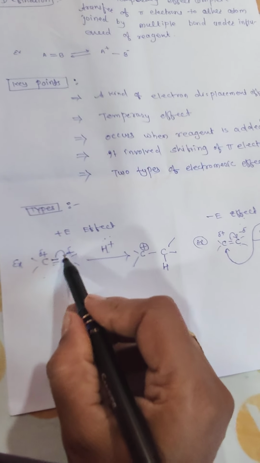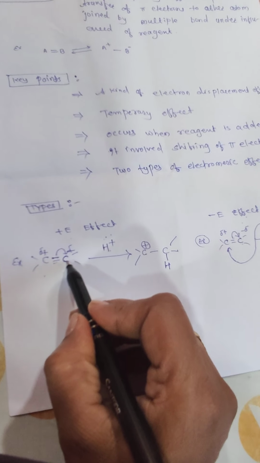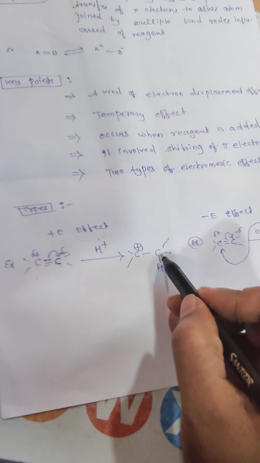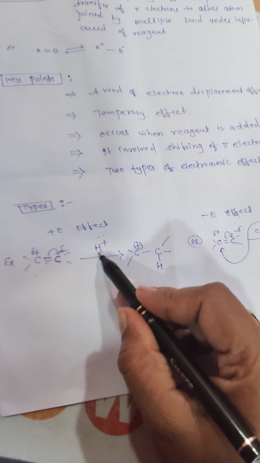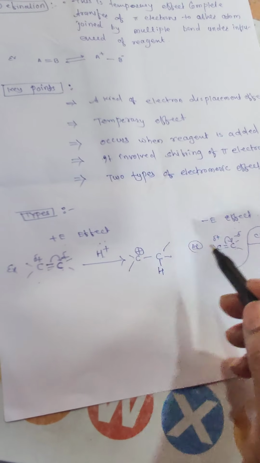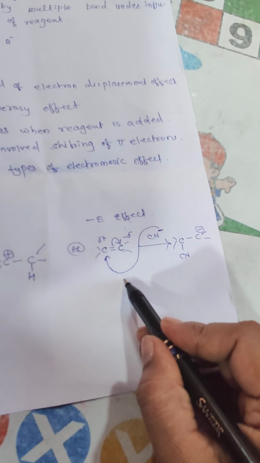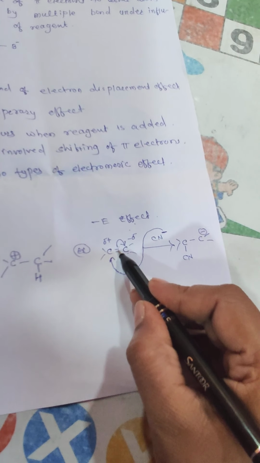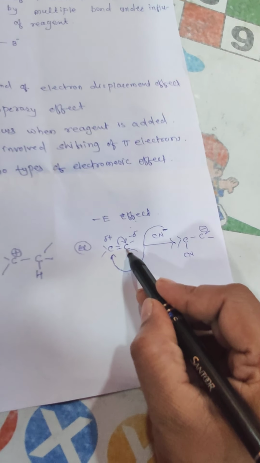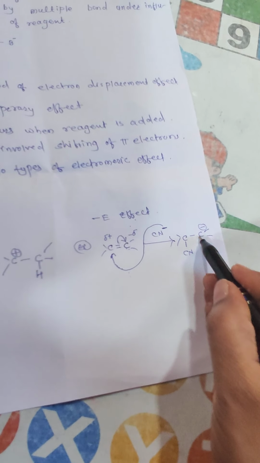It means where these pi electrons transfer, that carbon attaches the reagent. And in the minus E effect, the pi electrons of the multiple bond are transferred to that atom to which the reagent does not attach.